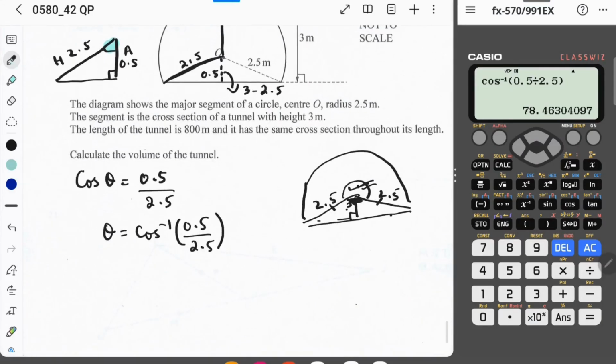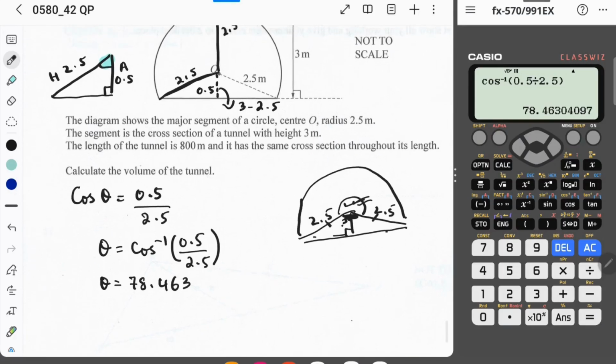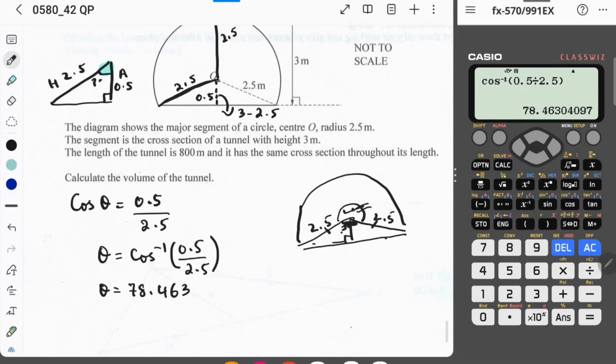So use this value, 78.463. Double it and subtract from 360 degrees to get the angle.